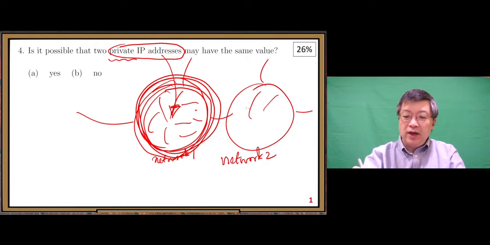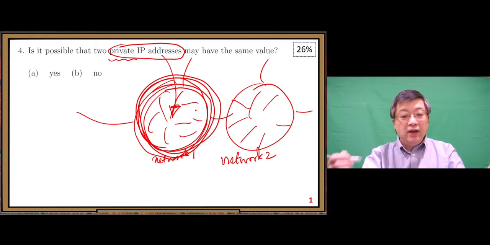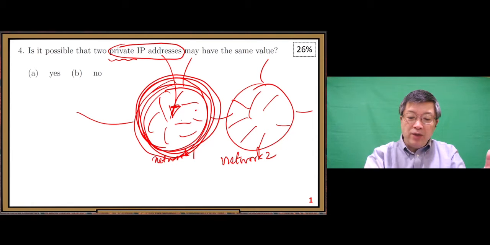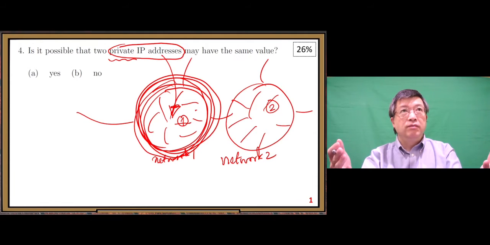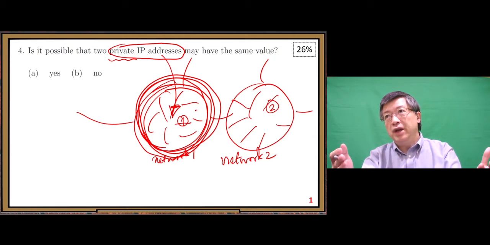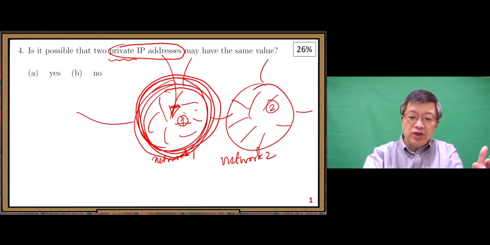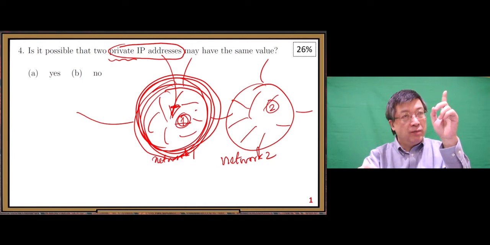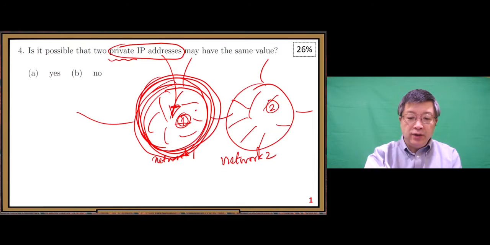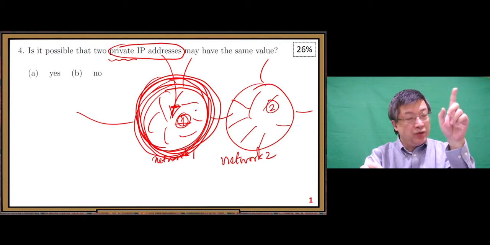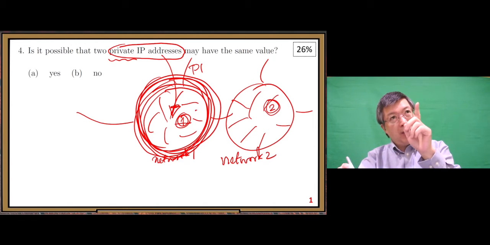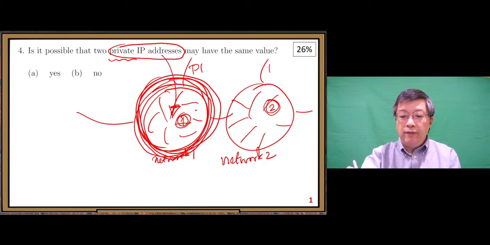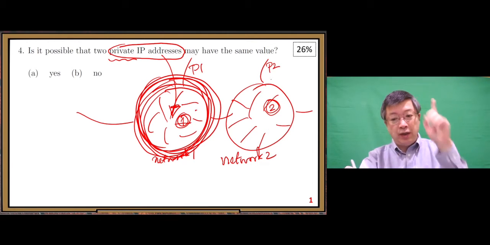Similarly, you can have the same thing like that. One private IP address here and another private IP address here can have the same value, but there is no confusion, because this private IP address number 1 is under public IP address P1, and that private IP address number 2 is under public IP address P2.